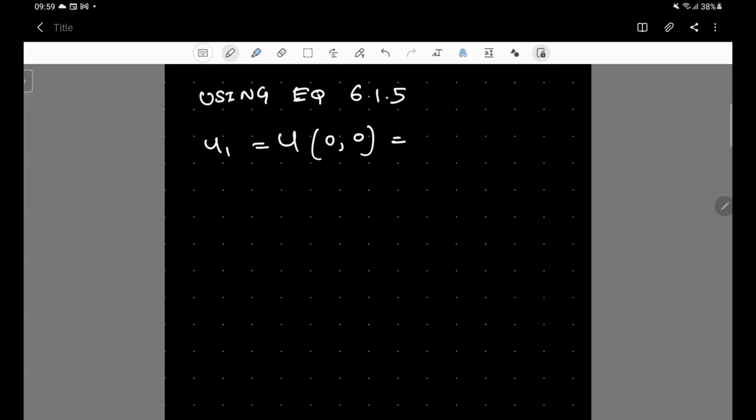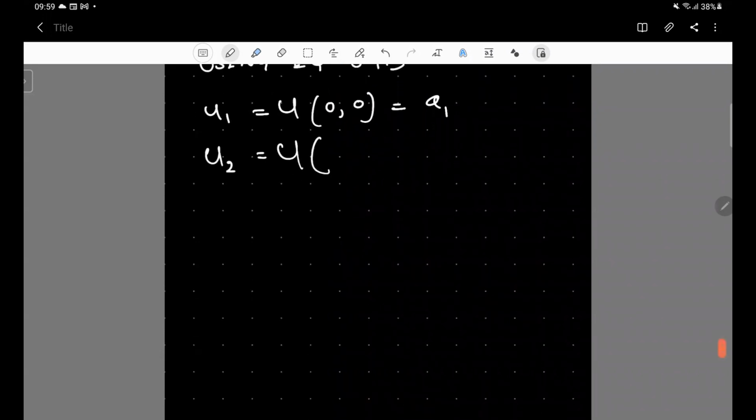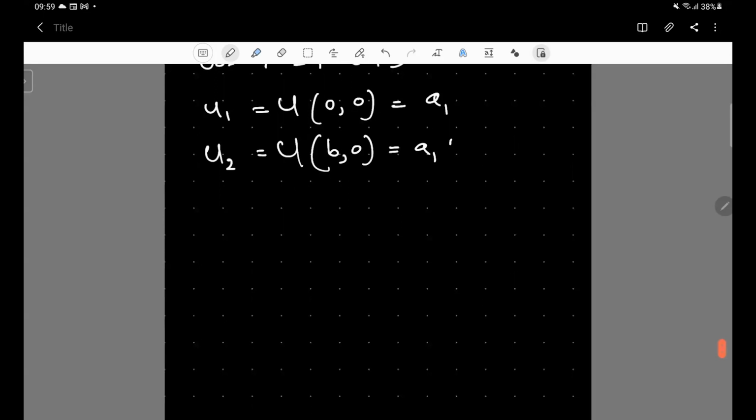If we substitute 0 and 0, what you end up getting is only a1. And for the second node, the x displacement function, the corresponding nodal coordinates are (b, 0). The function you would get is a1 plus a2 times b plus a4 times b squared.